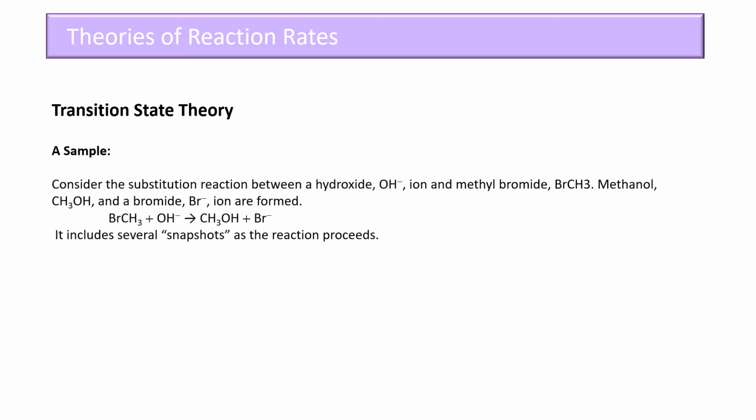So here is a sample. Consider the substitution reaction between the hydroxide OH- ion and methyl bromide, BrCH3. Methanol, CH3OH, and a bromide Br- ion are formed. It includes several snapshots as the reaction proceeds.